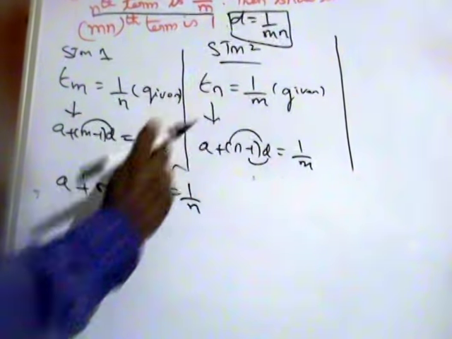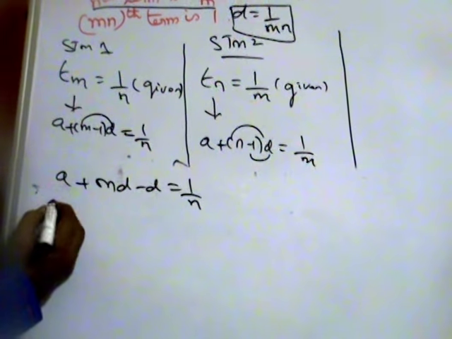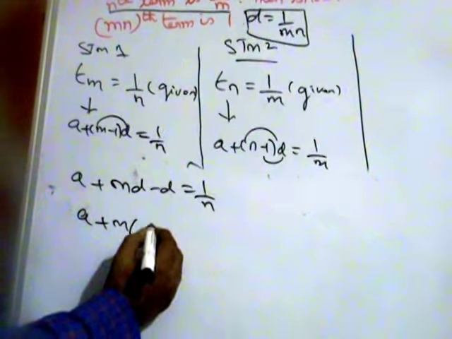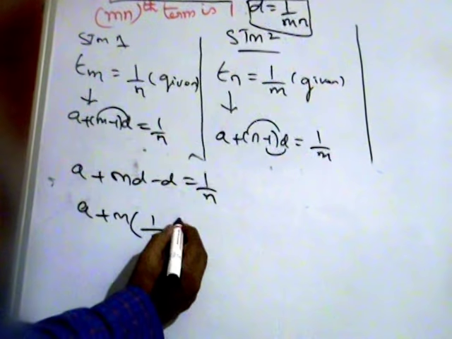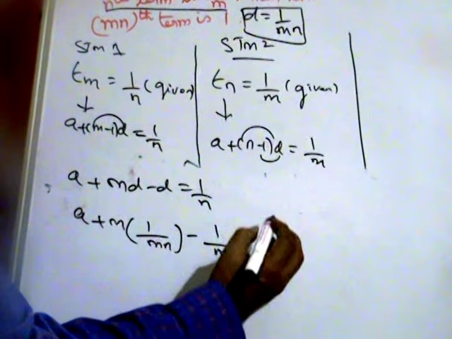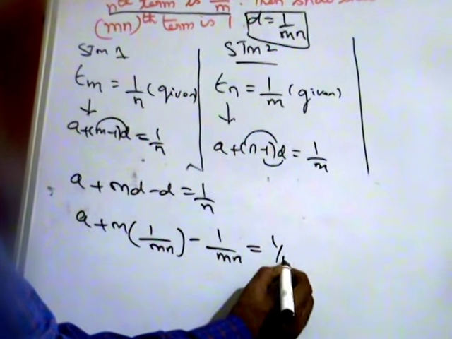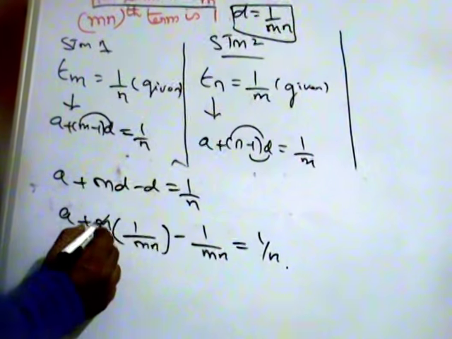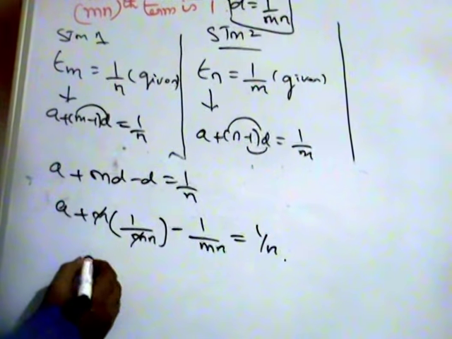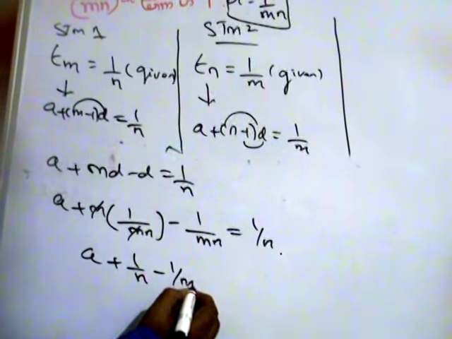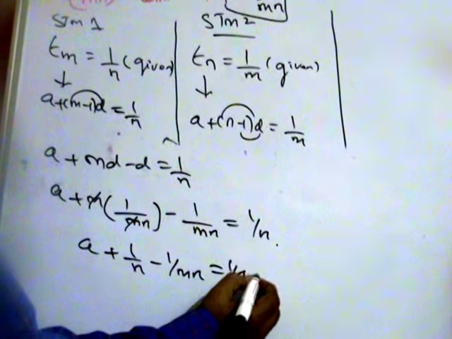Now the value of d 1 by mn you can put here. Now look here, a plus m into d is nothing but 1 by mn minus d is nothing but 1 by mn equal to 1 by n. Now look here, m and m will get cancelled. You get a plus 1 by n minus 1 by mn equal to 1 by n.